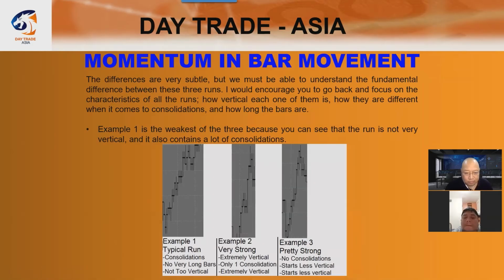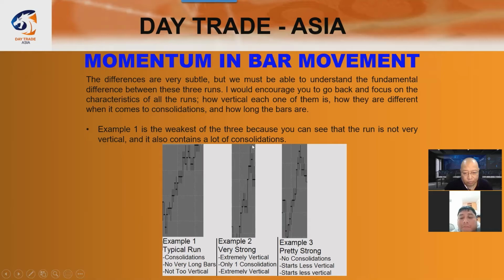Again, same thing here. This one, number 3, is the strongest of all these 3. Why? Because you have more of a vertical run here, whereas here, you have some retracements. Here you have a minor retracement, but you have these strong bars as well. This is what we call a regular run. It's weak. Out of these 3, the strongest run would be number 3.